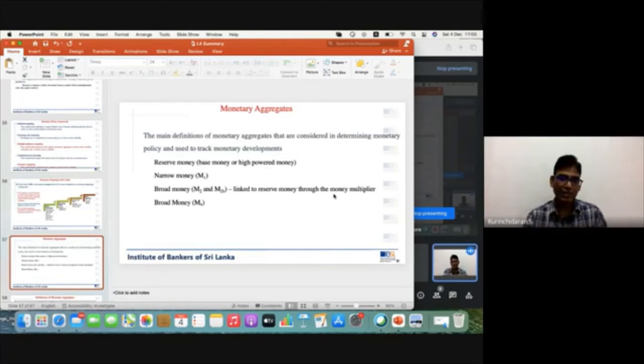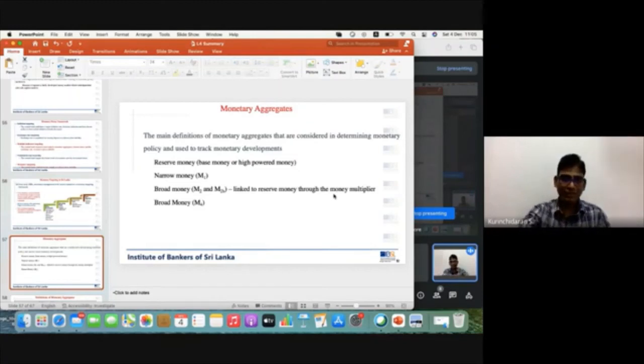Some countries talk about reserve money, some talk about narrow money, some about broad money. Every country has a different idea, in the sense of different usages in their monetary policy. Some can use narrow money, some can use broad money. Whatever the names, it's a combination of monetary items, and the common name given is monetary aggregate, right?